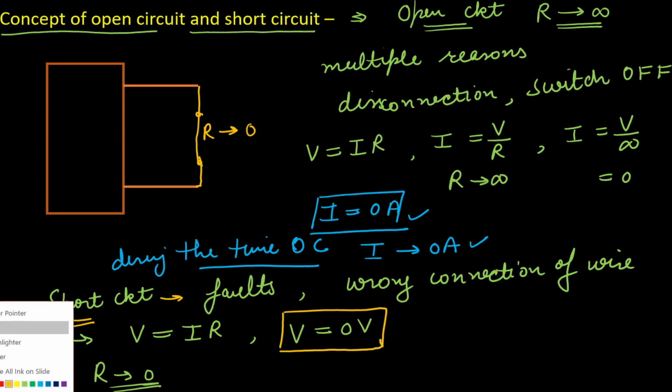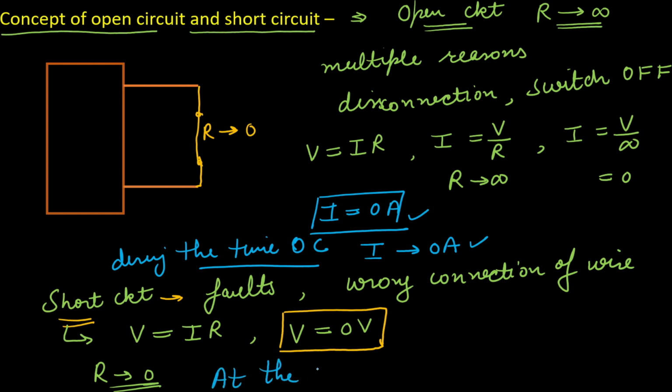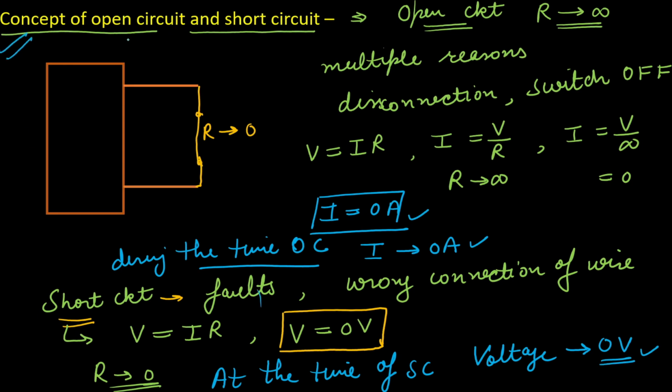So you need to remember that at the time of short circuit, the voltage across that particular circuit element approaches 0 volts. These are the two concepts that you need to remember, and we will apply the concept of open circuit and short circuit whenever we solve numerical problems.